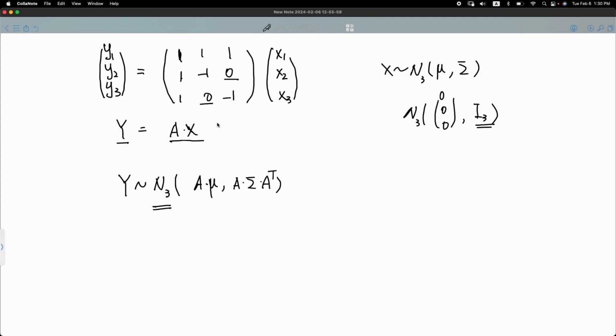X is normal, and a linear transformation of a normally distributed random variable is also normal. And then E of y is E of Ax, A multiplied by E of x, A multiplied by mu, which is actually 0 because mu is a 0 vector.